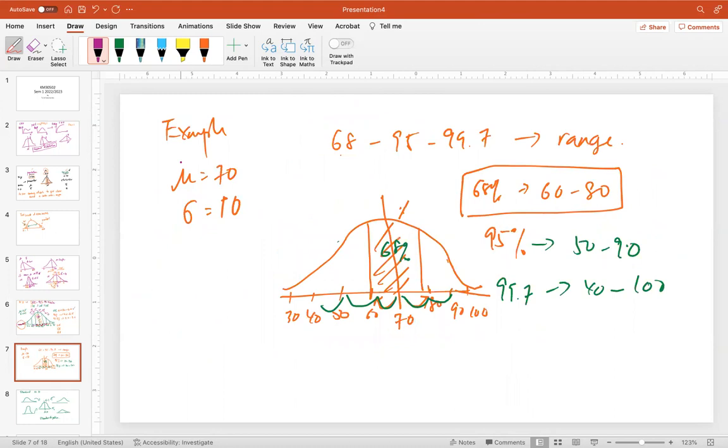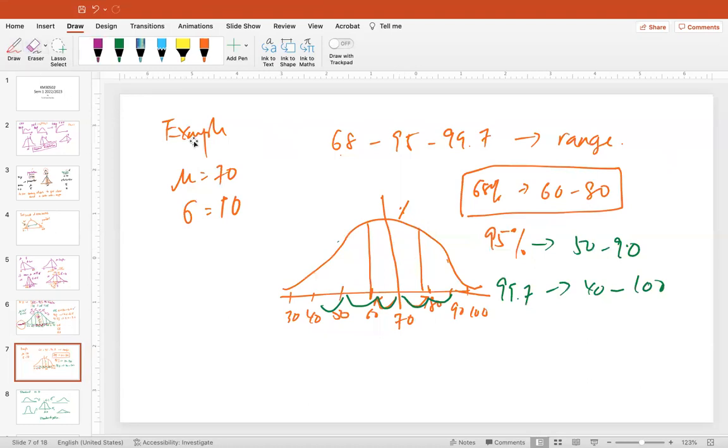So let's have an example. My mean is 70. My standard deviation is 10. Determine the range of the data that falls within 68%, 95%, and 99.7%. First thing is I draw the mean first.